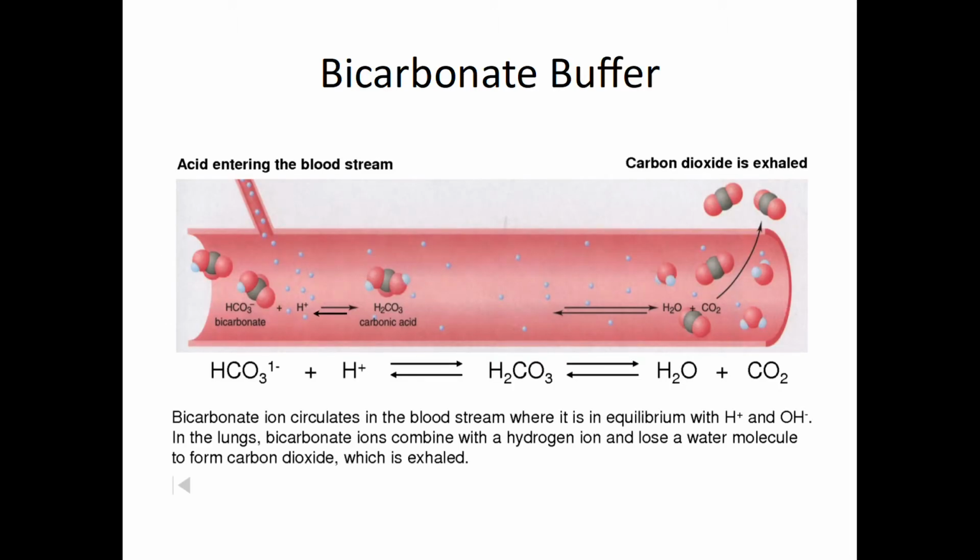Now, the biggest one is simply the bicarbonate buffer. This is bicarbonate going back and forth between bicarbonate, carbon dioxide, and carbonic acid. And this back and forth allows us to have that buffering effect. You remember buffering from that very first lab, when we were still able to do labs.